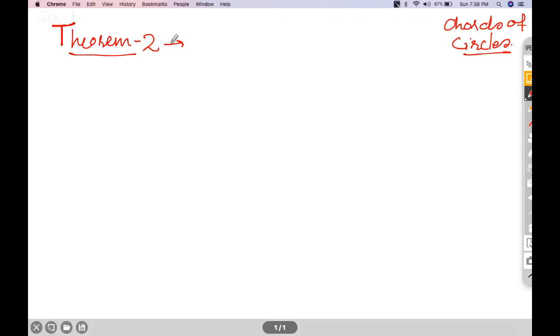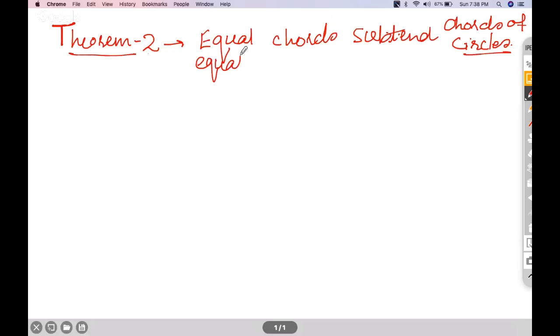So theorem 2 is: equal chords subtend equal angles at the center of the circle.